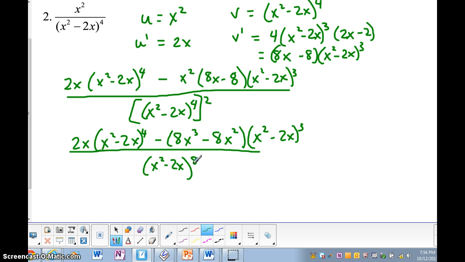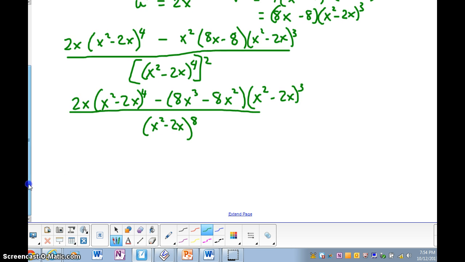Okay, so last part here, we're going to go ahead and factor out our x squared minus 2x to the third power, and that will allow us to simplify a little bit more with our denominator. So when I do that, I have x squared minus 2x to the third gets factored out, and from this term I'll be left with a 2x times an x squared minus 2x.